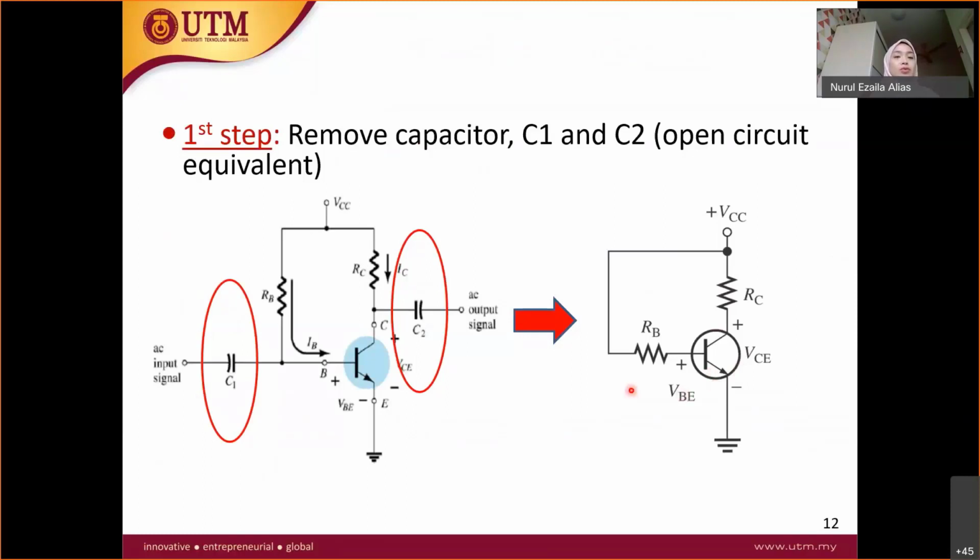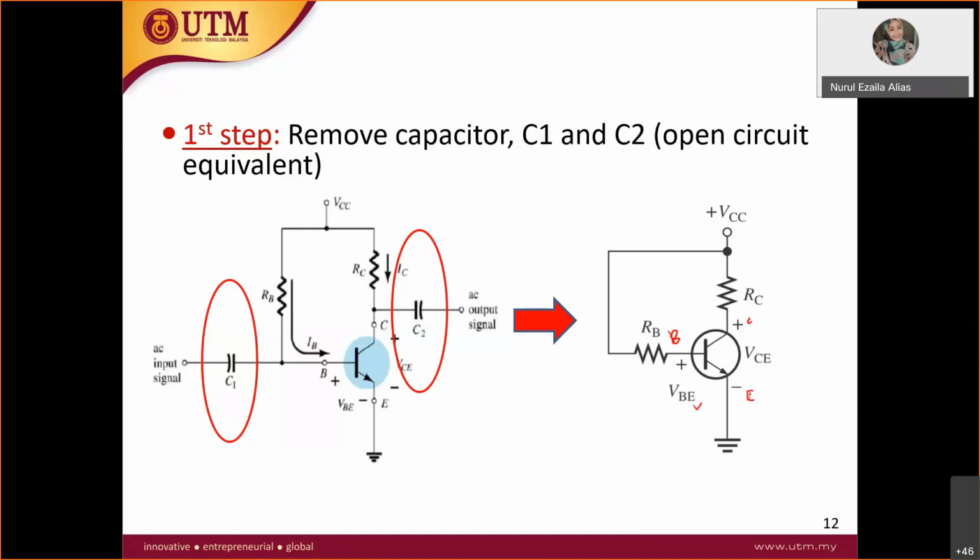Every time you do a BJT DC analysis, you have to put in all the notation. For example, you have base, collector, and emitter. In between the junctions, you have voltages, so you have VBE as well as VCE.